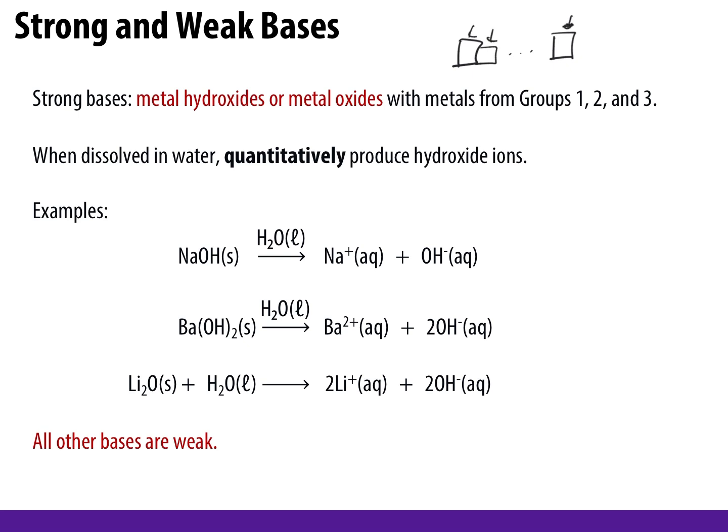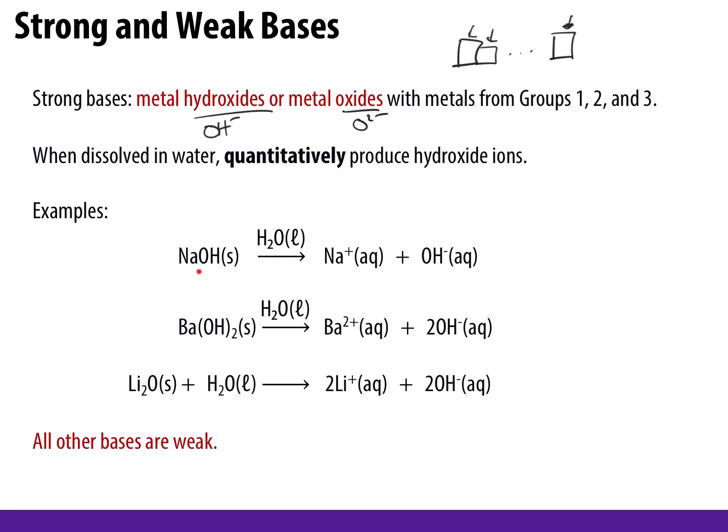So you look for metals from that group along with an oxide, that's an O2- anion, or hydroxide, remember one of your polyatomic ions to know, OH-. So these are ionic compounds, and these ionic compounds happen to dissociate fully and act as strong bases. They quantitatively make OH- ions.